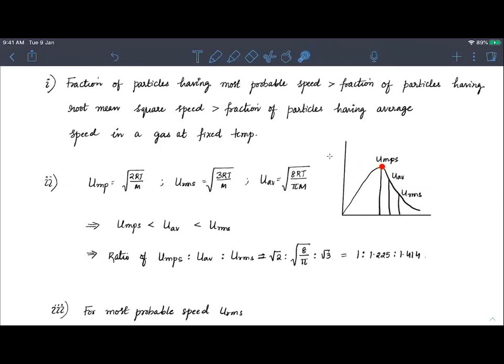So U MP is that point where you have the maximum number of particles. So you can see the fraction of particles at most probable will be maximum as compared to that of, oh, I made a mistake here, average, compared to that of average and compared to that of root mean square.